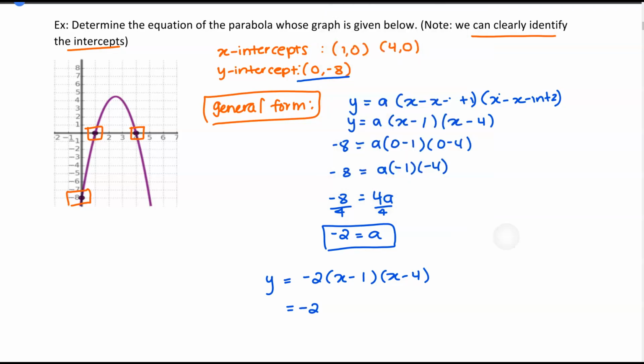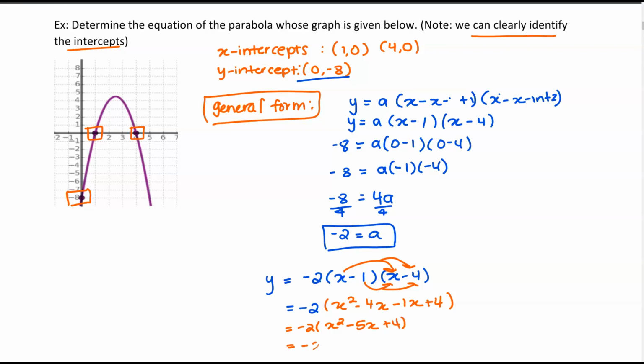Let's go ahead and FOIL now. We're going to do x times x, x times -4, -1 times x, and -1 times -4. So we're going to end up with x squared minus 4x minus 1x plus 4. Combining those terms, we're going to get -2 times (x squared minus 5x plus 4).